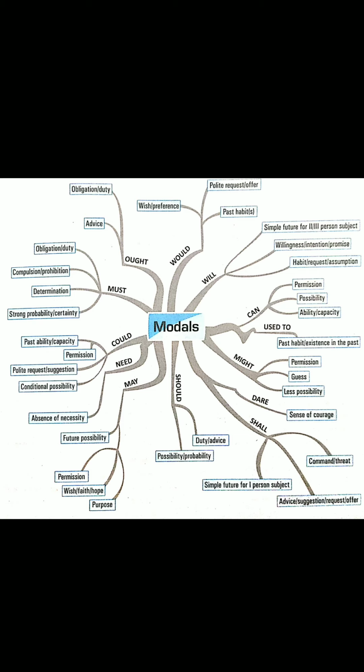And for past habits, polite request, offer, wish, or preferences, we can use would. And for advice, obligation, or duty, meaning something you have to do, then we can use ought or ought to. That's how we can use these modals in a sentence.